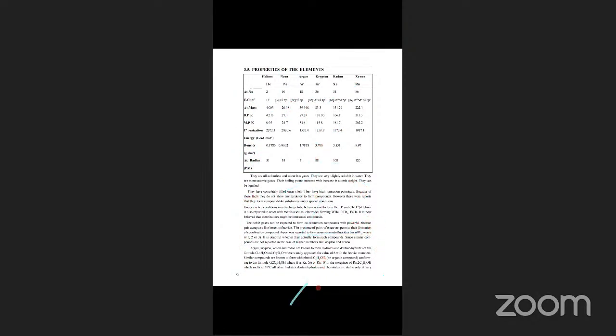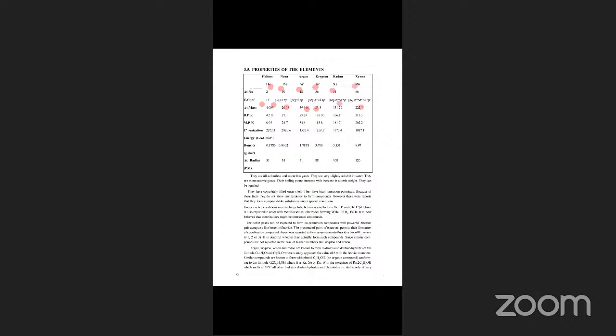Next, atomic mass: 2 is exactly double. 2, 4, 10, 20, 18, 39 means double or more than double. Slightly more than double: 36, 83, 54, 131, 86, 222.